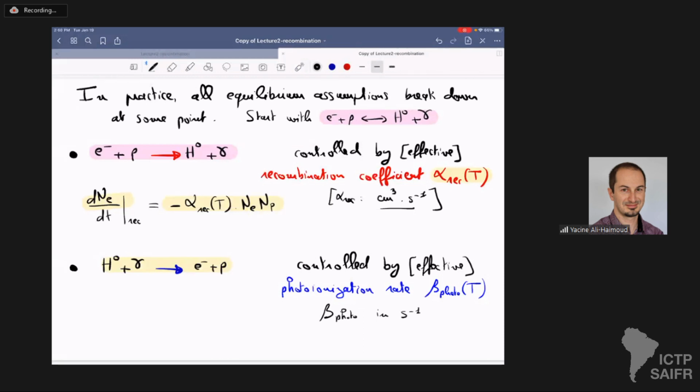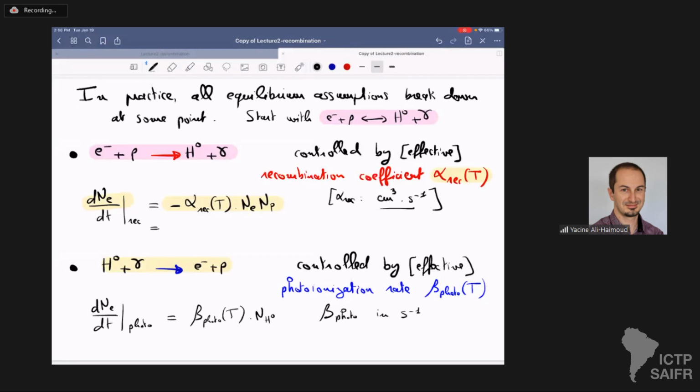It's a rate. And it is defined such that the rate of change of the abundance of free electrons due to photoionizations is this coefficient, beta photo, which depends on temperature, we'll see exactly how, times the number of neutral hydrogen atoms.